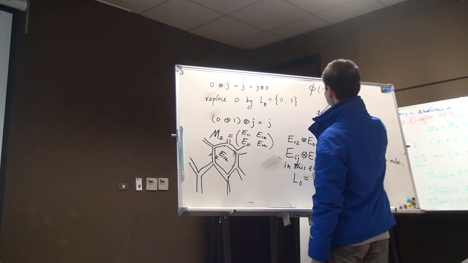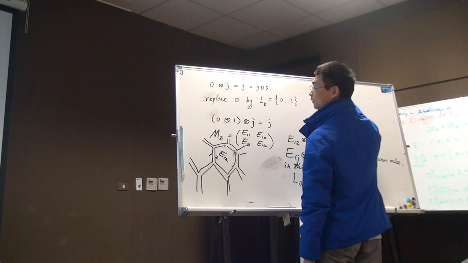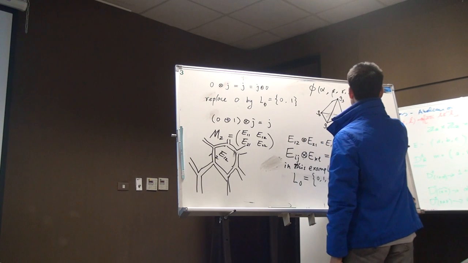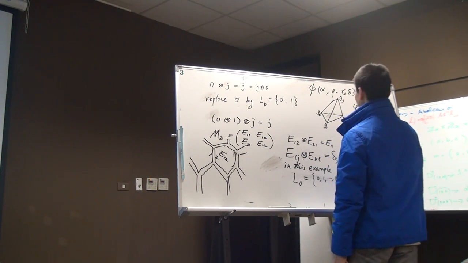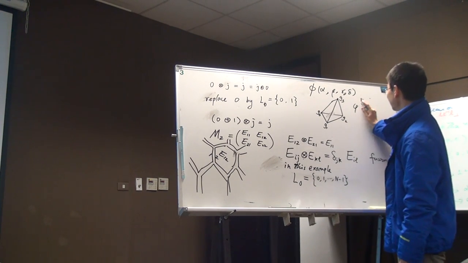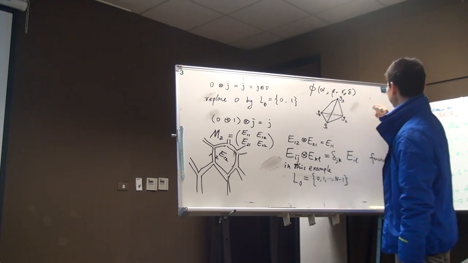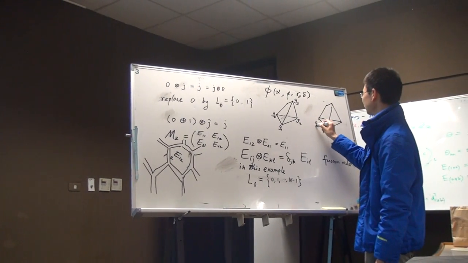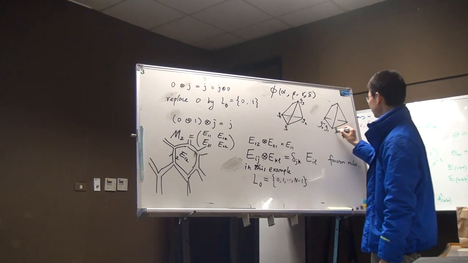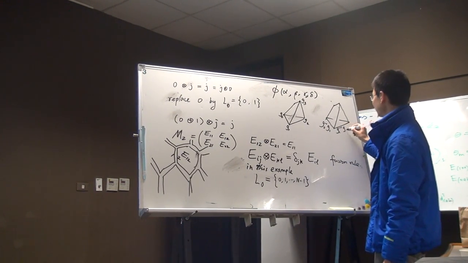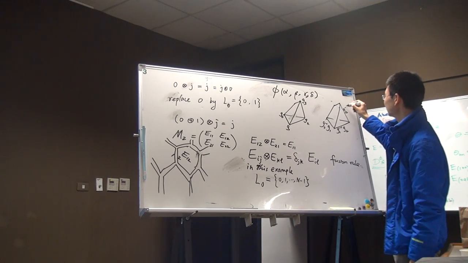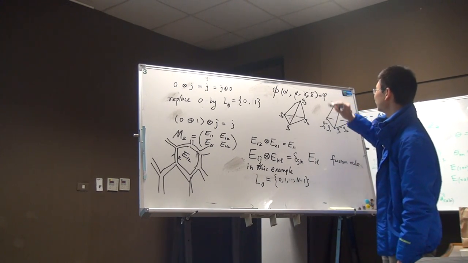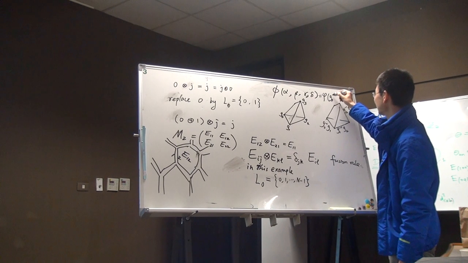If you put the group elements on vertices, you have 4 group elements. But if you put them on the links, then you have G0 inverse G1, G1 inverse G2, G2 inverse G3. Then you can define a 3-cocycle in another way.